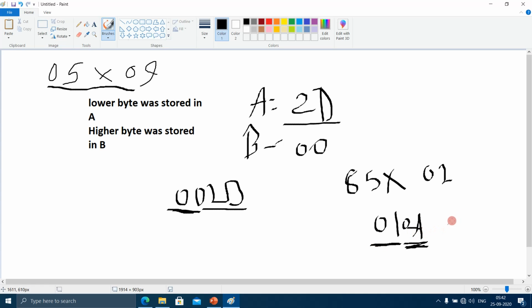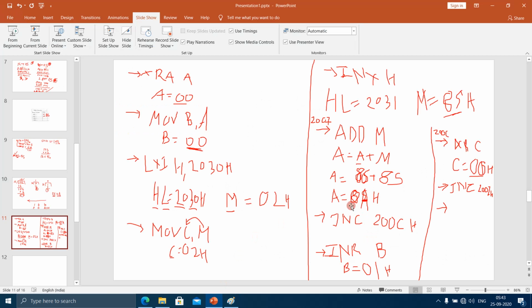This 0A is stored in accumulator and this 01 is stored in B register in our program. Here in accumulator 0A is there and in B register there is 01.